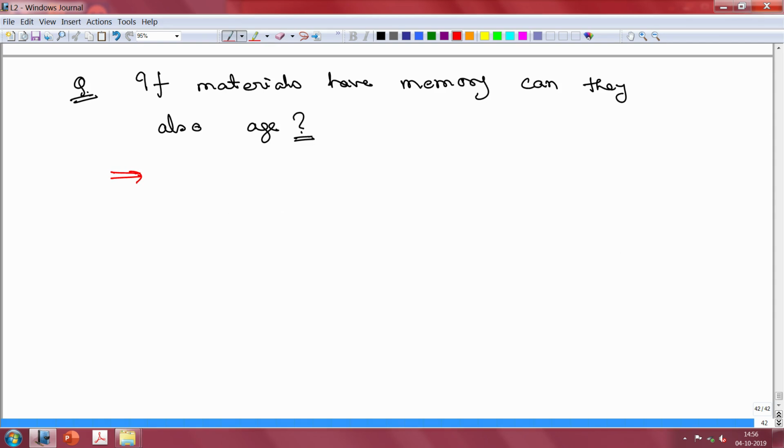There is again no fundamental law that says that they cannot age.